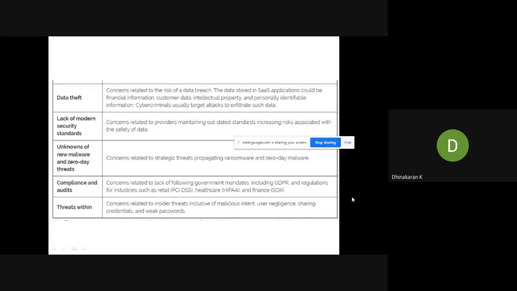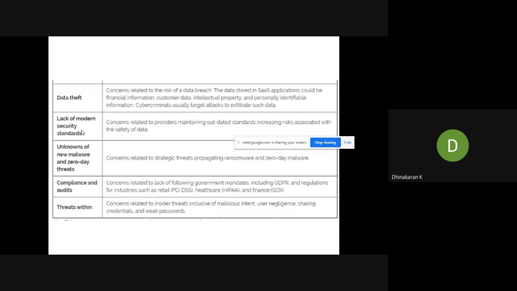Then data theft. Nowadays, a very familiar theft is data theft. Who holds the data in the cloud? Those who are processing the data, those who are providing the service, those who are sharing information in the cloud.